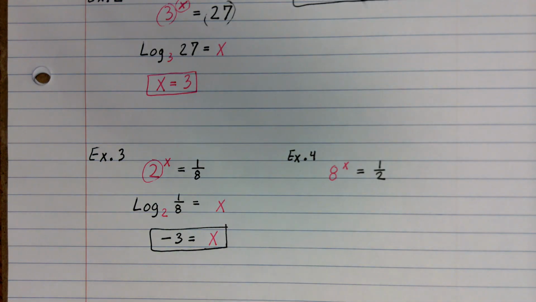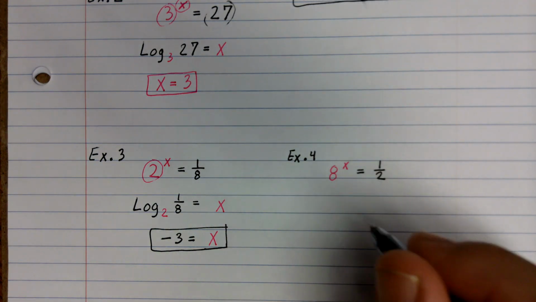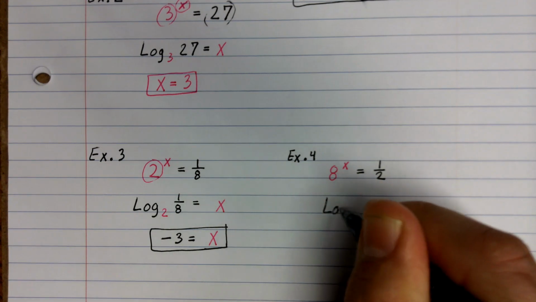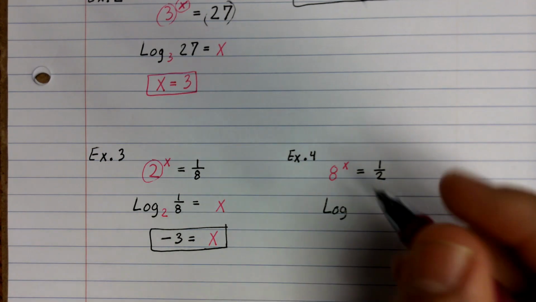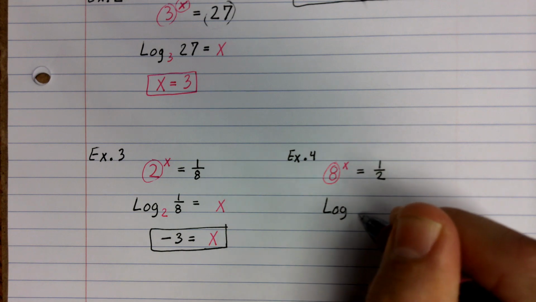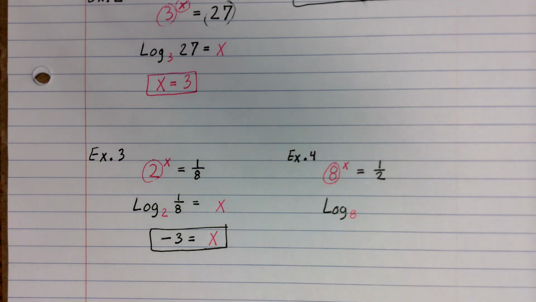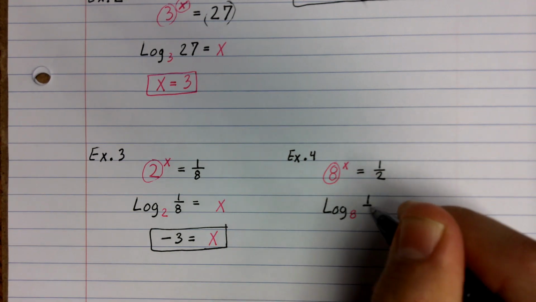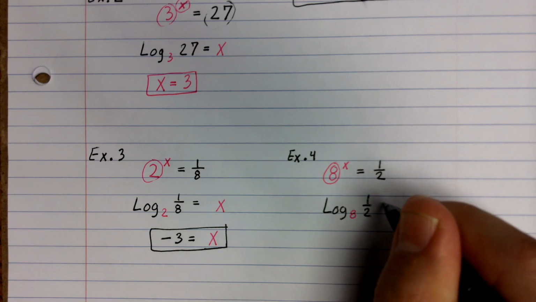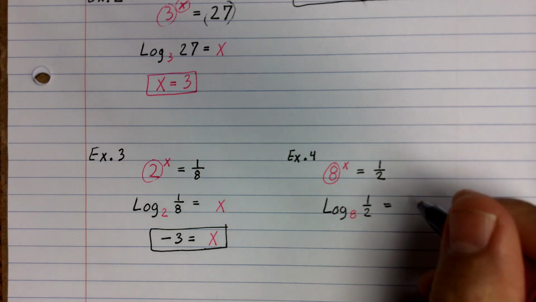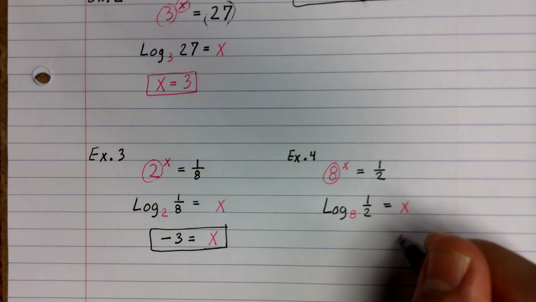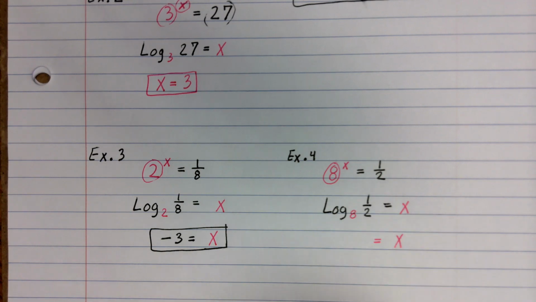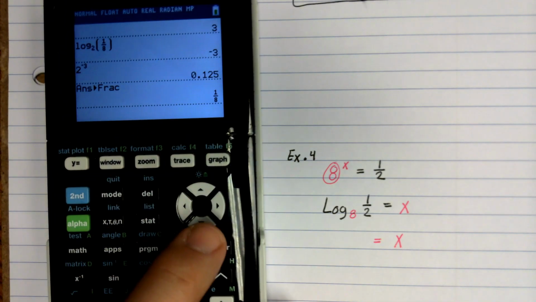Now we have one more to do, and once again we're just going to convert this to a log. So this actually becomes log with a base of 8, and 1/2 is what it's equal to, and I'm going to say this is going to be equal to x. So I'm going to type this into the calculator, and we're going to see what we get.